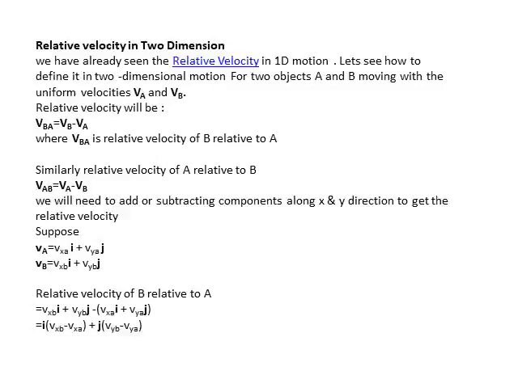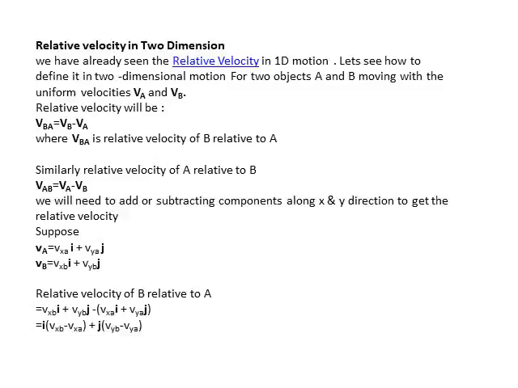Here VBA represents the relative velocity of B with respect to A, and similarly the relative velocity of A with respect to B will be VA minus VB, and we have to add or subtract components along x and y direction in the case of 2 dimensions. So let VA be equal to VxA i cap plus VyA j cap, and similarly VB equal to VxB i cap plus VyB j cap.